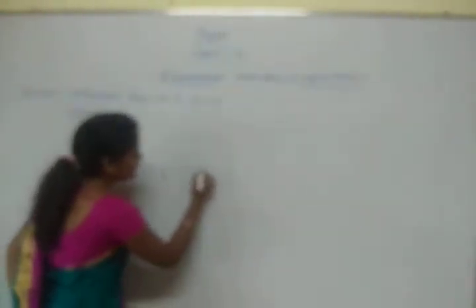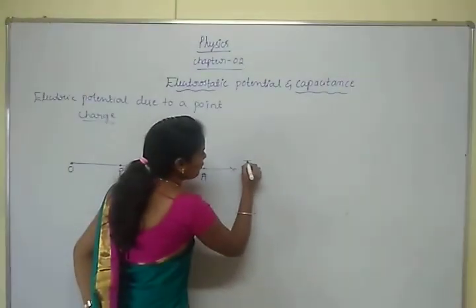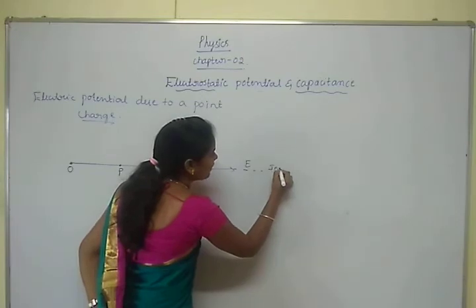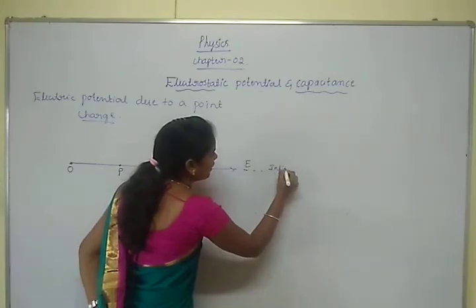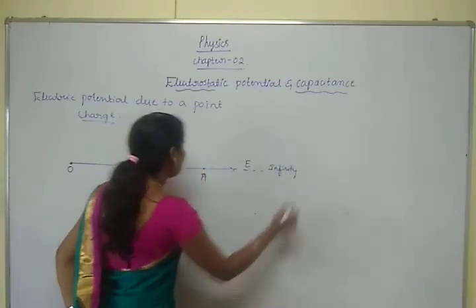So, consider an electric field. I point this place, represented by the letter O. This is a point, and another point P, and two more points, B and A. This is the electric field at infinity.